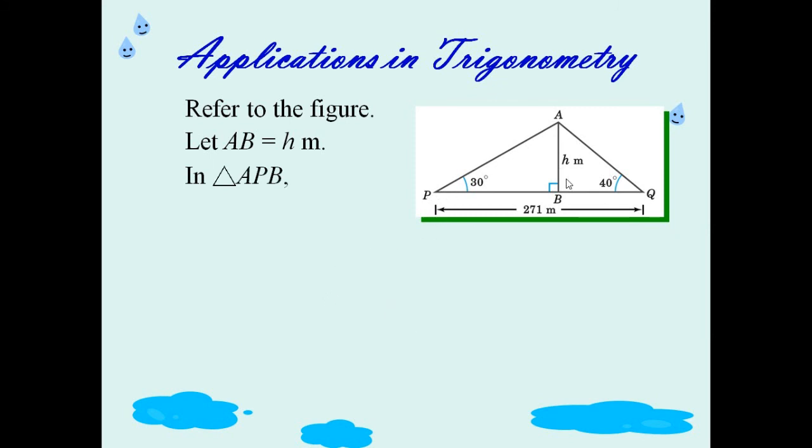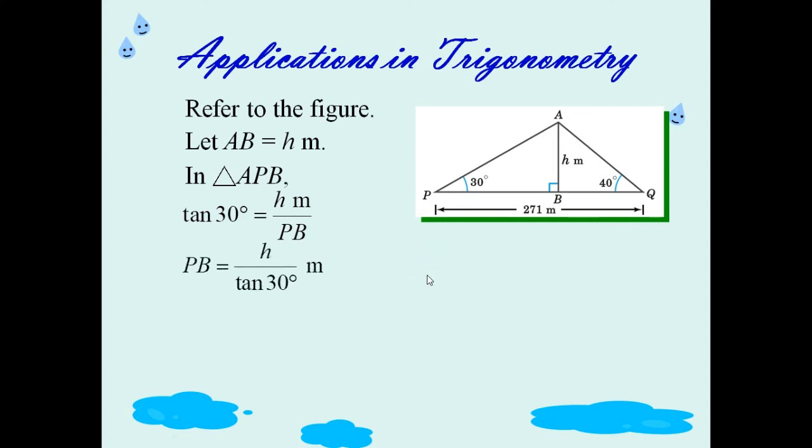So in the left hand side triangle, I know that H meter is the opposite side and PB is the adjacent side. So I have H meter over PB is equal to tangent 30 degrees. At that moment we do not want to calculate the exact value, so I keep the H here.